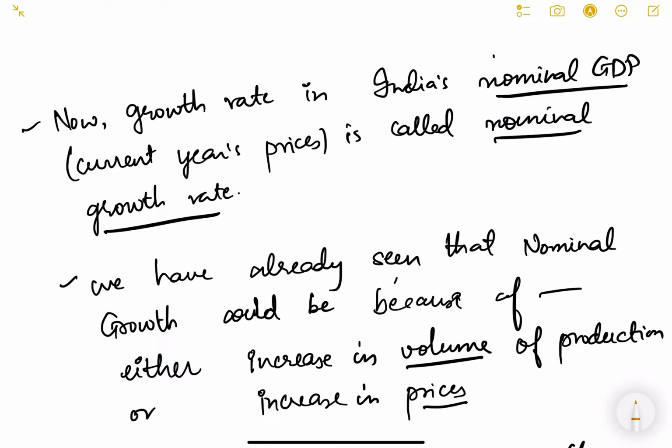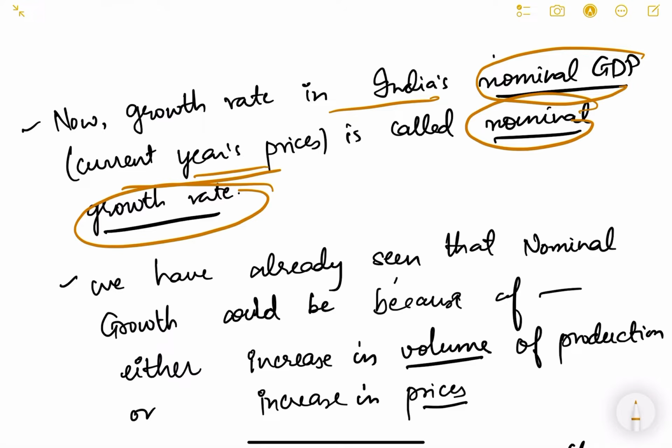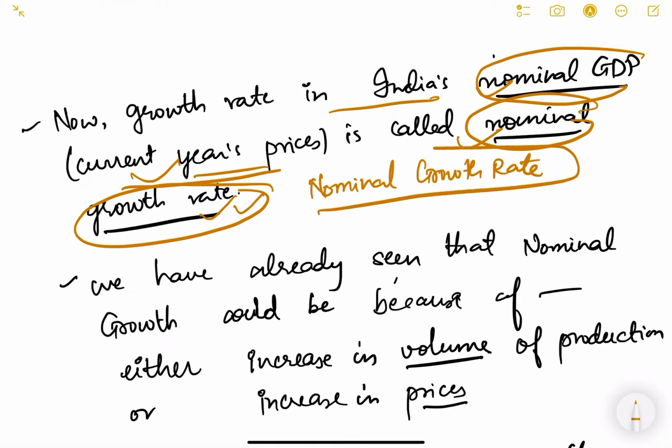Now growth rate in India is nominal GDP, current year prices, is called nominal growth rate. Okay, growth rate of the nominal GDP is known as nominal growth rate. You must have heard or read this terminology in newspapers. So what is the meaning of nominal growth rate? Nominal growth rate means the growth rate of nominal GDP.